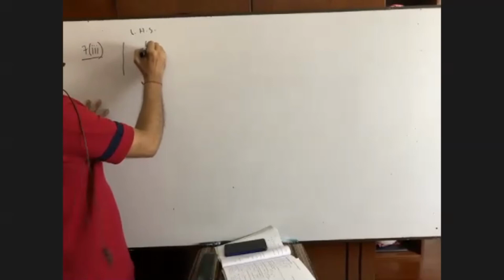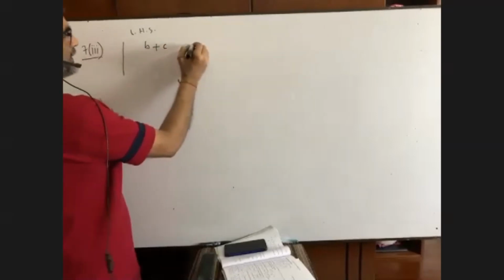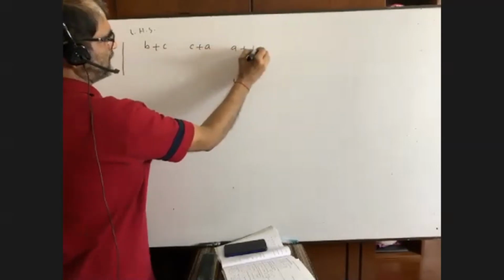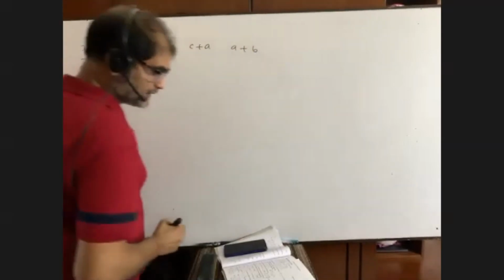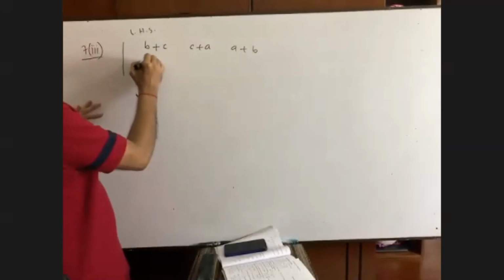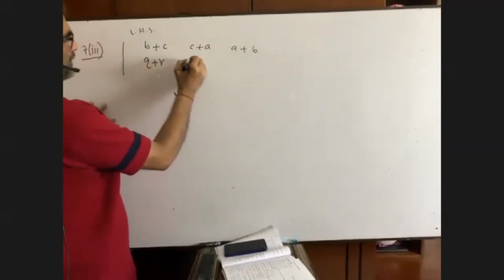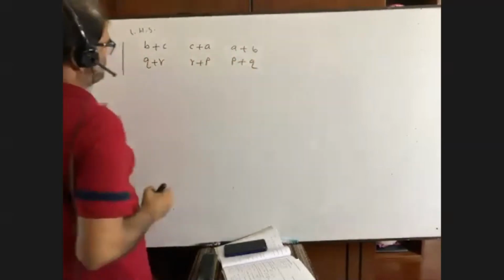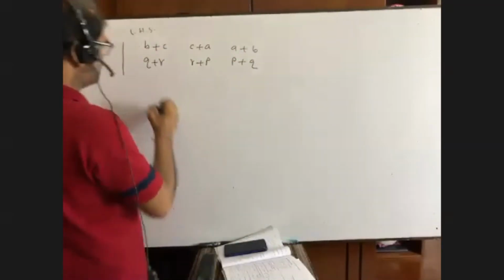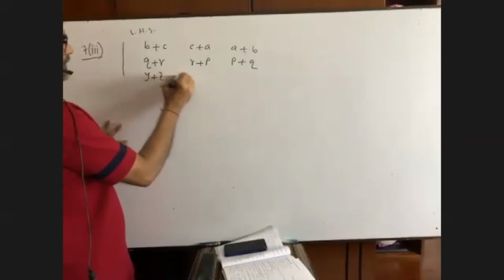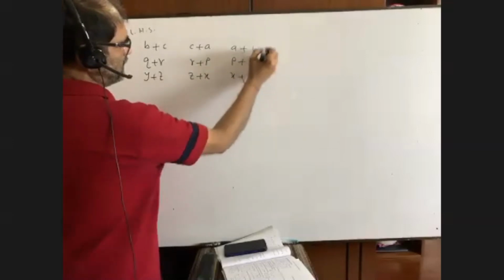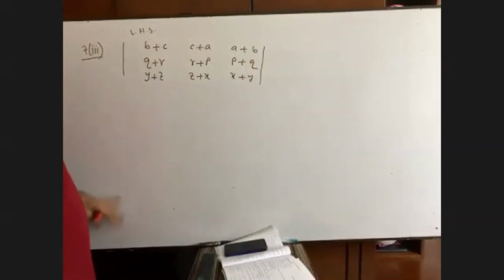It is B plus C, then C plus A, then A plus B. Then it is Q plus R, R plus P, P plus Q. Then it is Y plus Z, then Z plus X, then X plus Y. It is the left hand side.